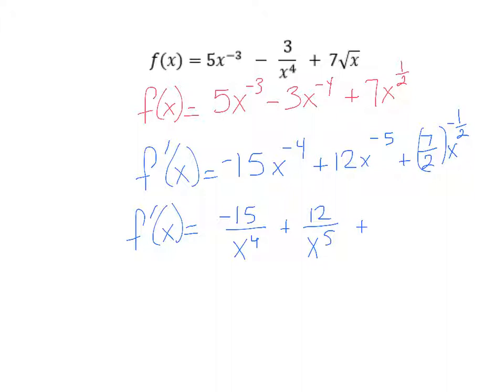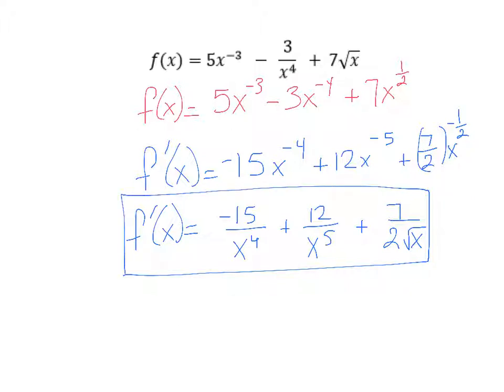So my 7/2 is my fraction, and the x has the negative exponent, so it's going to go to the denominator, and rather than writing it as a 1/2 power, I'd probably go back and leave it as a radical. Sometimes we take the time to go ahead and rationalize that. Sometimes we don't. I'm not going to today. We're going to leave it like that. Even if you have some weird exponents, you can still use your power rule.